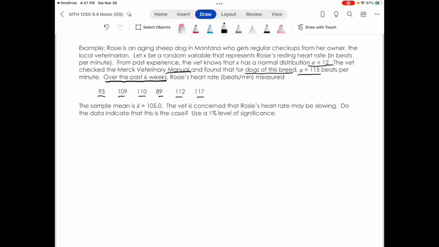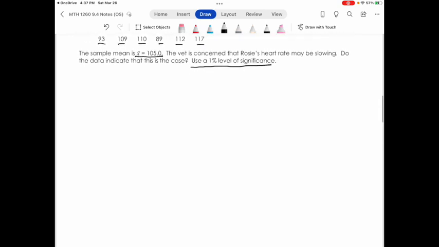So over the past 6 weeks, the vet took some data, found her heart rate in beats per minute, and now when she found the mean of that sample, she got 105, and she wants to use a level of significance of 1% to determine whether or not the dog's heart rate is actually slowing down. So the first thing that we're going to do is establish our null and our alternative hypothesis.